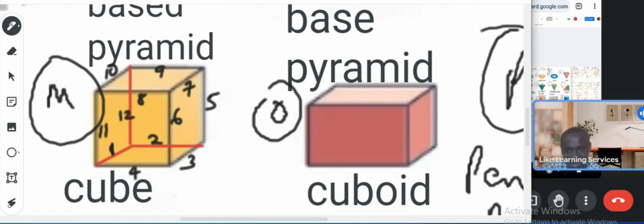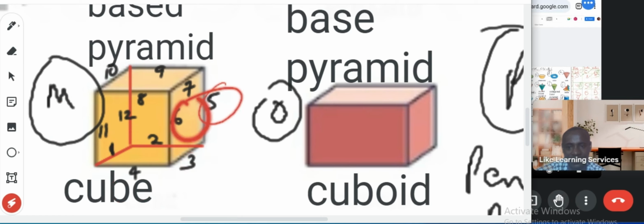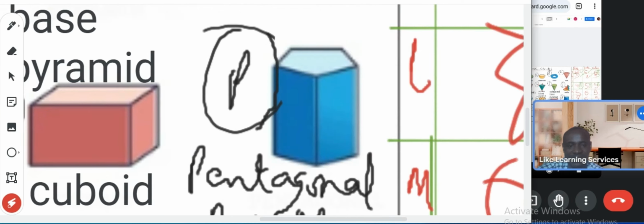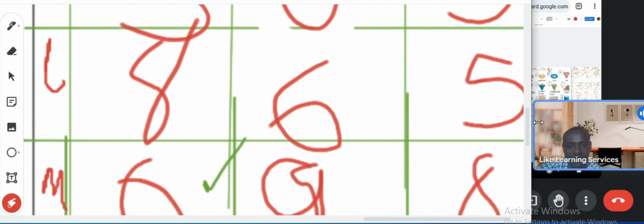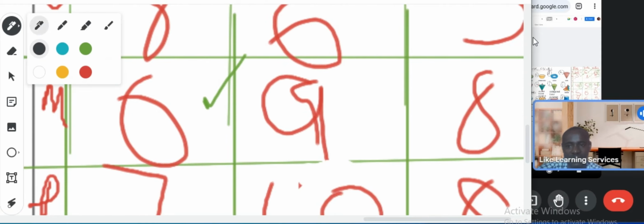Did you see it? I hope you can see what I've just counted. Okay, so 1, 2, 3, 4, 5, 6, 7, 8, 9, 10, 11, 12. So there are 12 sides. M is 12 sides.